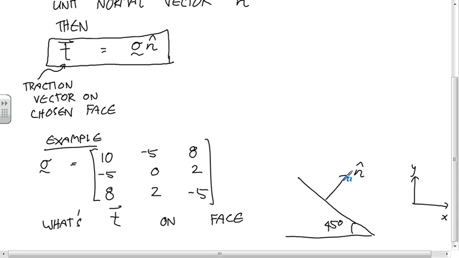Well, you'd have to come up with a representation of that normal vector. Can you do that off the top of your head? Here's the easiest way to do it, I think. We did this a lot in dynamics, so the people who didn't understand it then get a second chance.